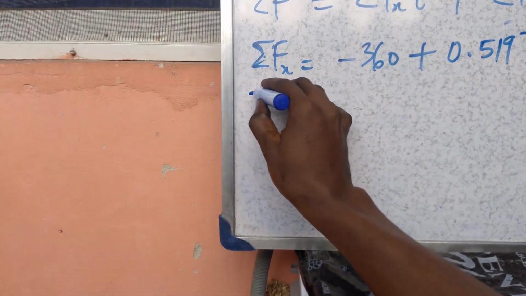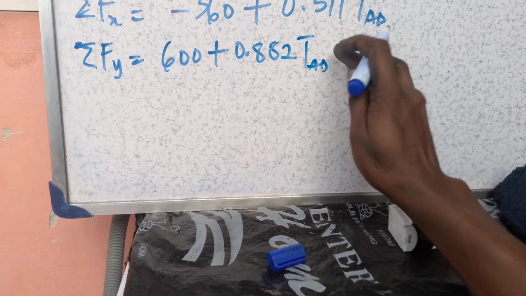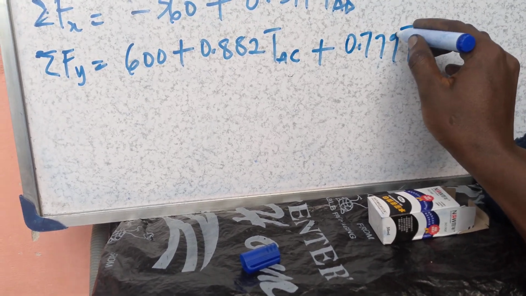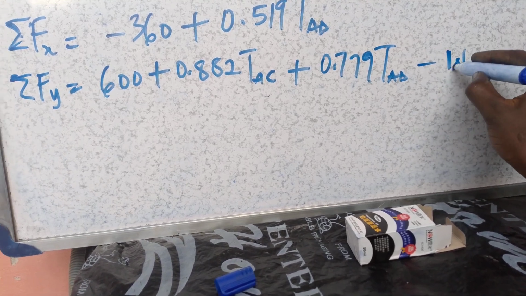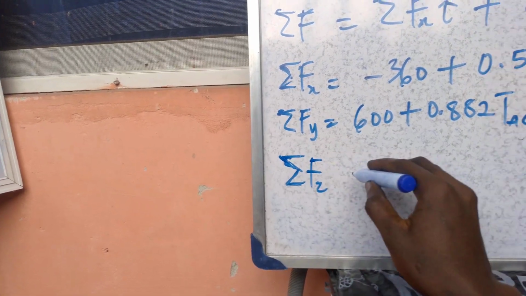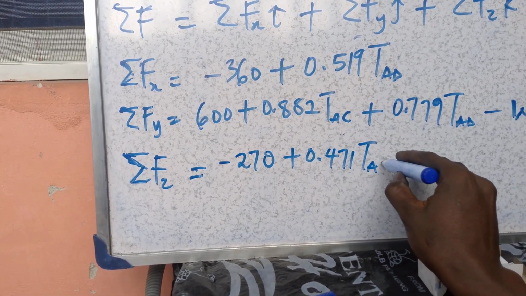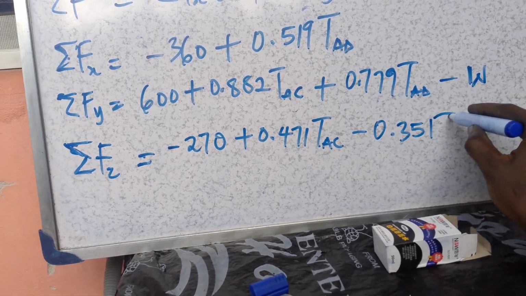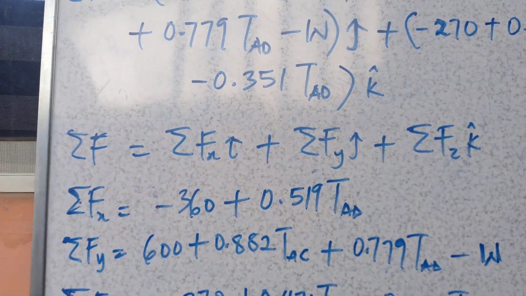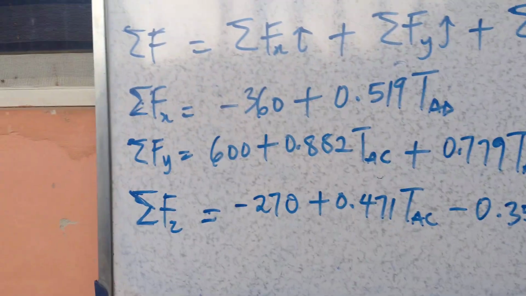Sigma Fy equals 600 plus 0.882 TAC plus 0.779 TAD minus W. And sigma Fz equals minus 270 plus 0.471 TAC minus 0.351 TAD. So that is it.